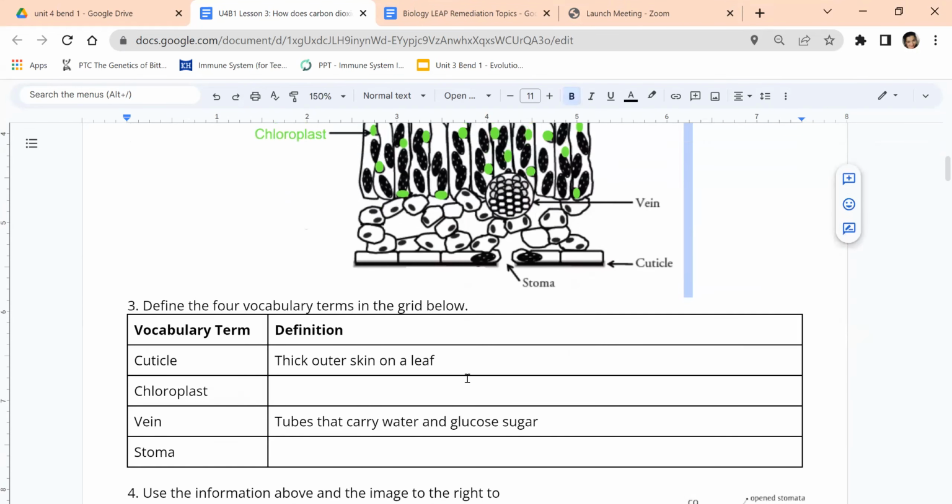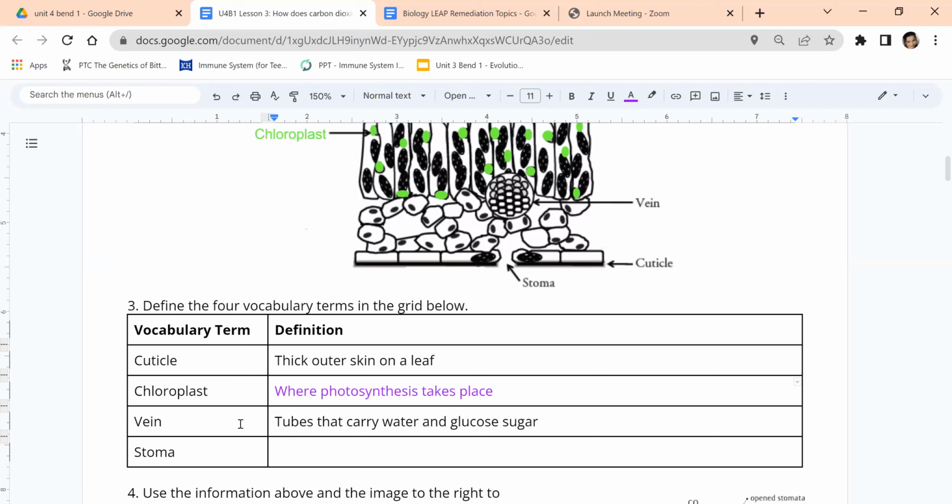All right, so let's just go over some of those terms again. The cuticle, again, is the thick outer skin on a leaf. The chloroplasts are where photosynthesis takes place.